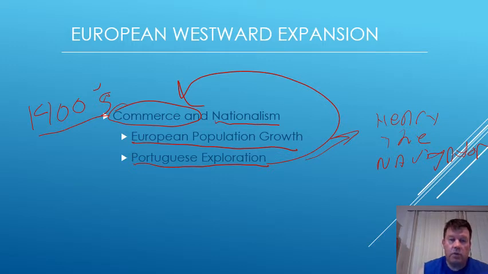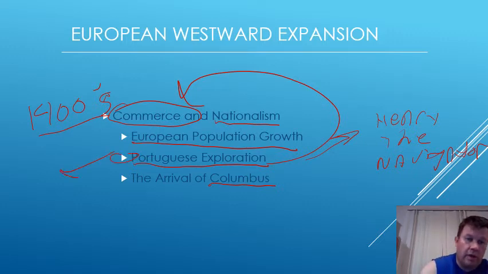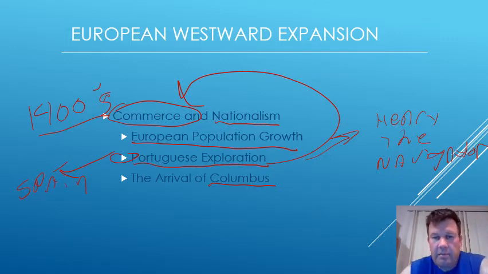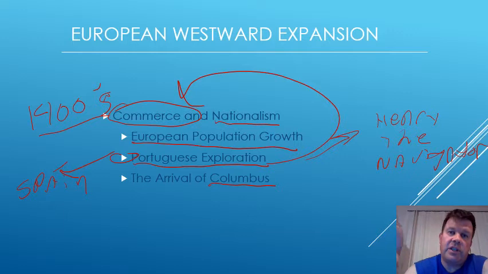Of course, the person that really changes the face of exploration is Christopher Columbus. Christopher Columbus sails for Spain, and of course it's Spain that overtakes Portugal as the dominant country in terms of exploration. Columbus believes that the world is round, and he thinks that if he travels westward, he will be able to establish that way a trading route with India.